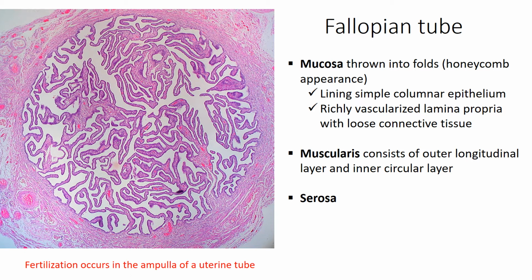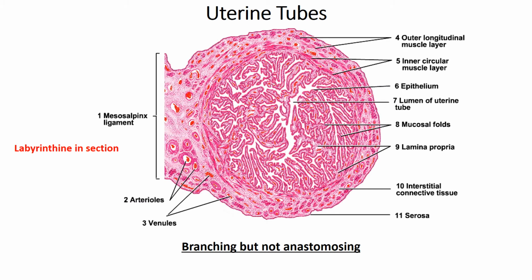Outside this muscle layer is the lining of the peritoneum. Since it is covered by the peritoneum on all sides, the outermost covering, the lining of the peritoneum, is the serosa.